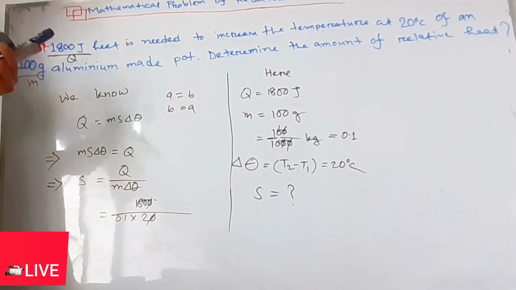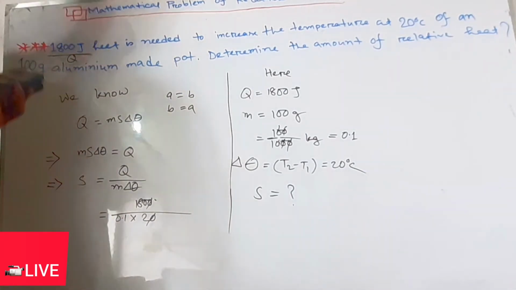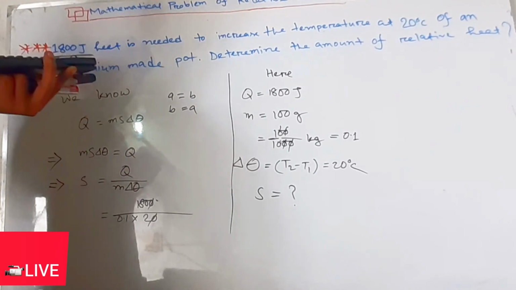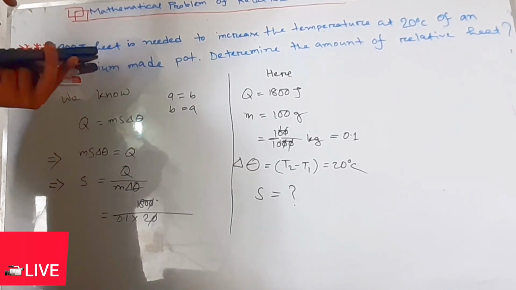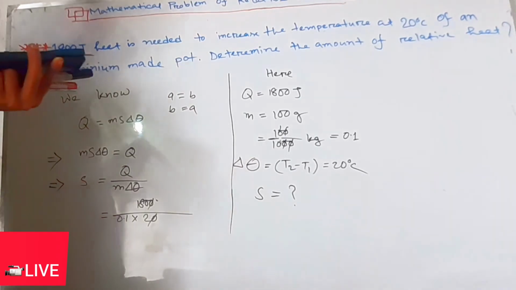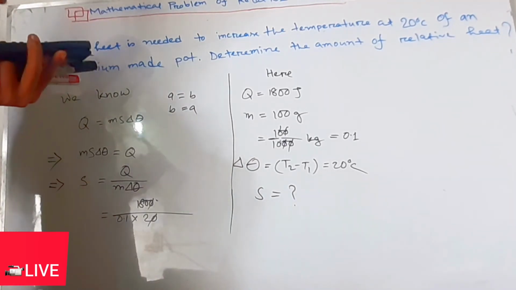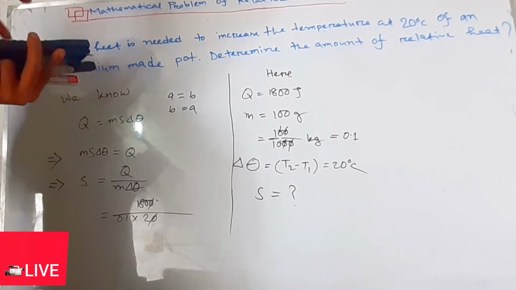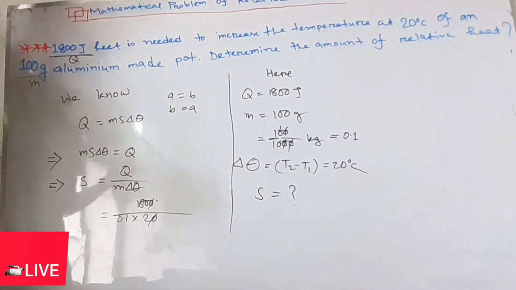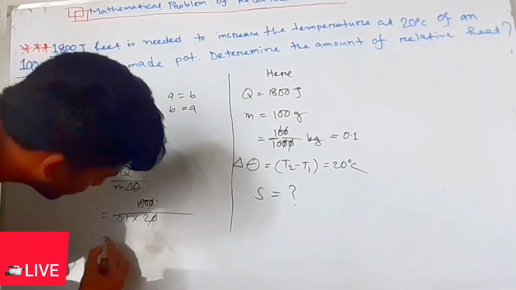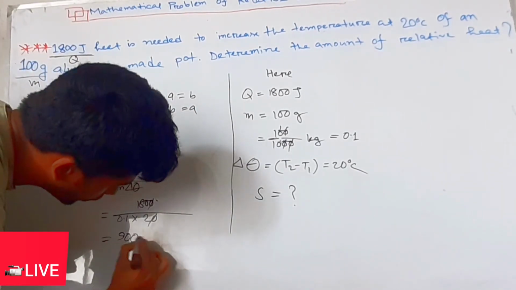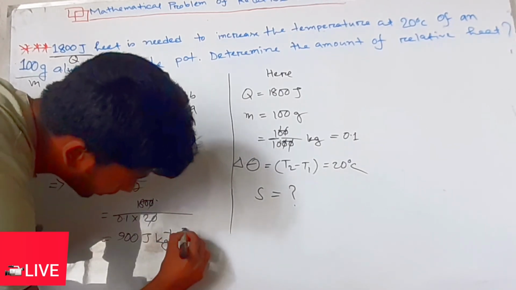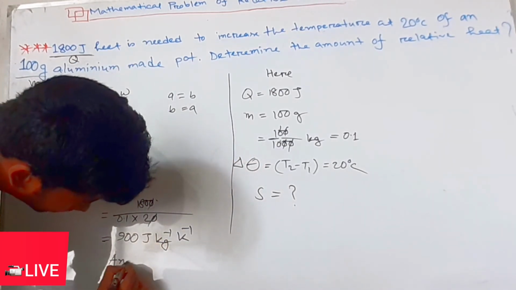I will open the calculator for the final step of this numerical. 1800 divided by first bracket 0.1 into 20, bracket close. 90. 900 joule kg inverse Kelvin inverse, and here is the answer of the math.